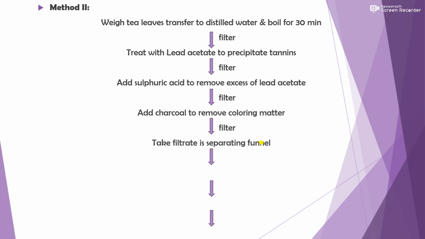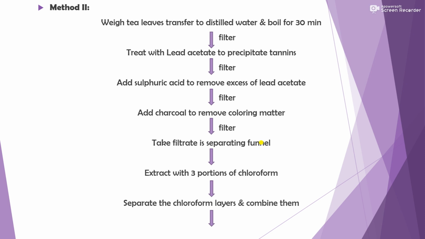Filter it again, take the filtrate in a separating funnel, extract with 3 portions of chloroform, separate the chloroform layers and combine them, evaporate to precipitate white crystals and recrystallize with alcohol, so that pure crystals of caffeine are isolated from this method. This is the same as the previous method, only in this method the coloring matters are removed by adding charcoal and tannins are precipitated out by adding lead acetate.